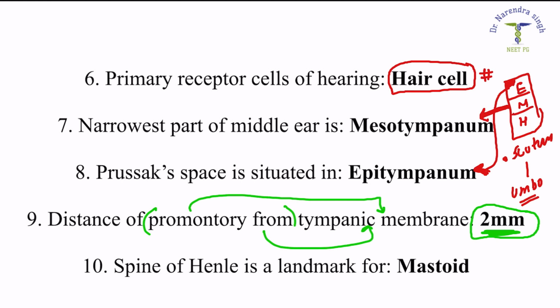Spine of Henle is a landmark for mastoid. It is used in mastoid surgery as a landmark for the localization of mastoid. It is one of the most consistent bony landmarks in mastoid surgery.